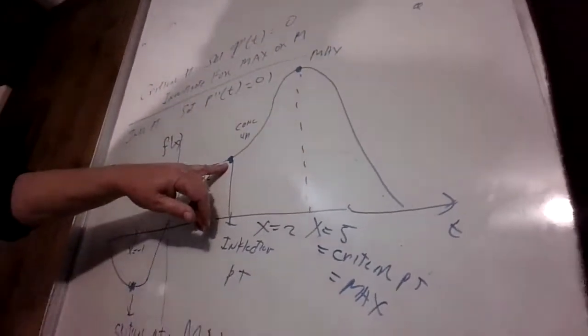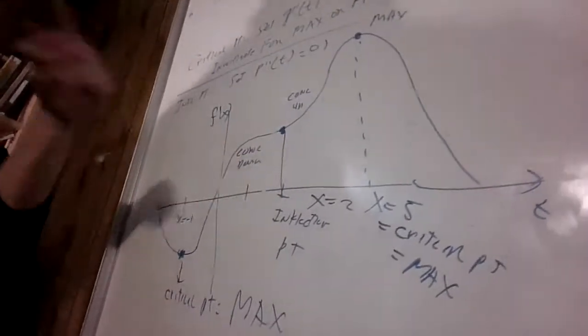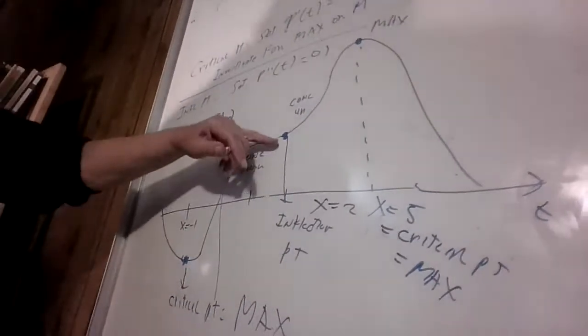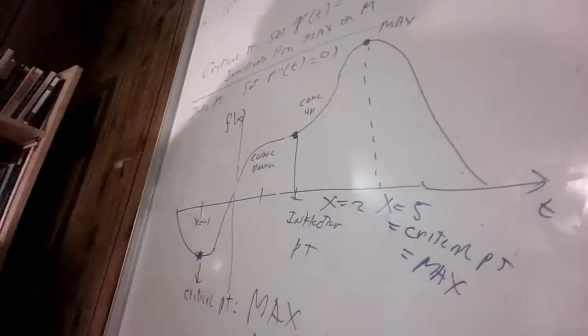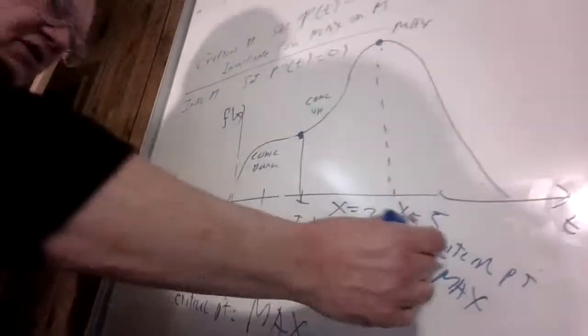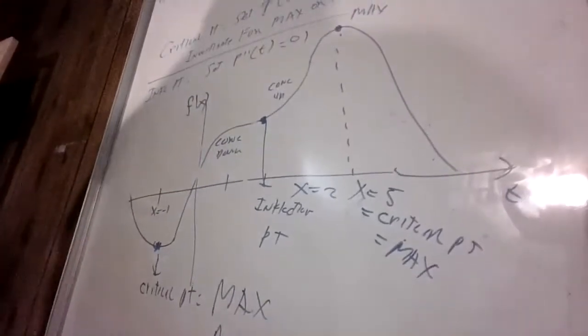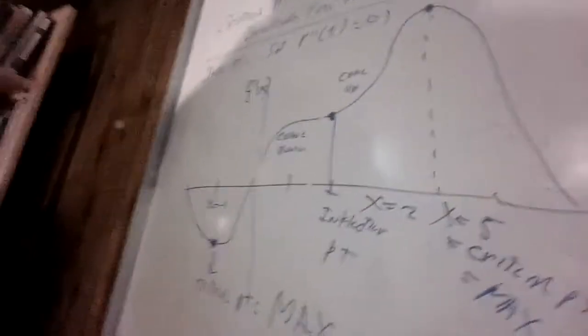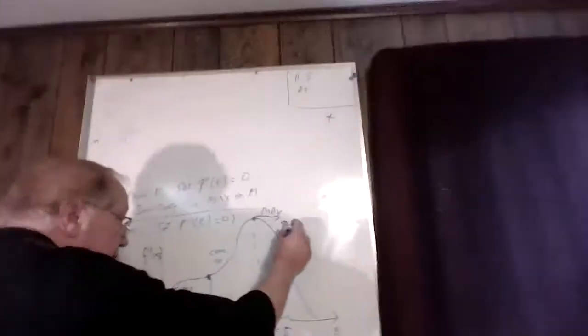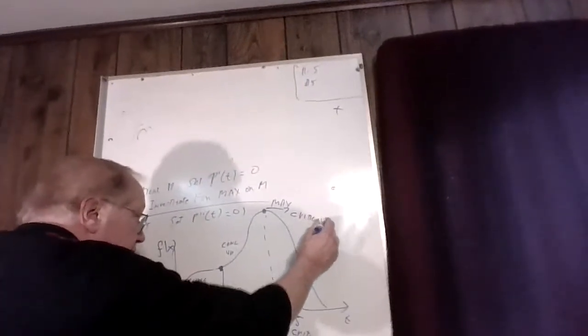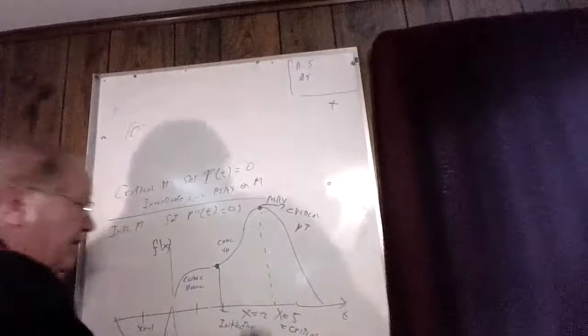Inflection point is just the point where the curve changes from concave up to concave down. That's the difference. Critical points, you use the first derivative. Inflection points, you use the second derivative. And this is a critical point here. Notice at critical points, what are you getting?